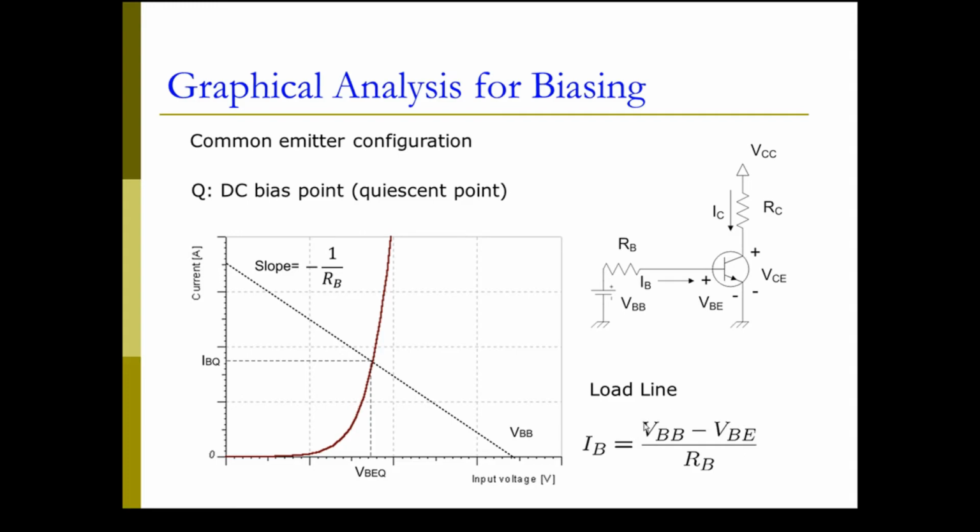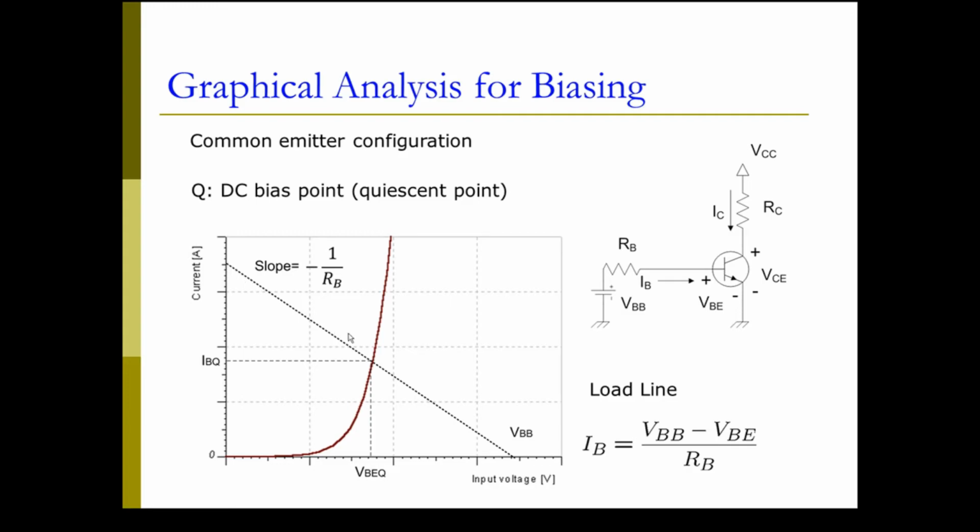Assume we don't know where exactly our VBE is, then we can let this VBE change along this x direction, and we'll be able to get a straight line, which we call a load line. Apparently the slope of this load line equals negative 1 over RB here.